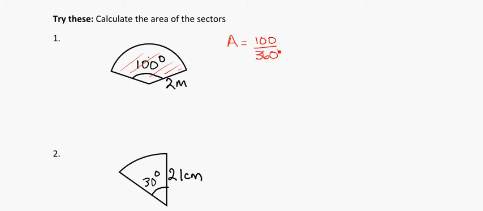And of course there's 360 degrees in a circle, so you've got your 100 degrees divided by 360 degrees, and then you multiply it by pi times the radius, which is 2, squared. Key that into your calculator, 100 divided by 360 times pi times 2, then x squared, and you should get 3.5 meters squared.